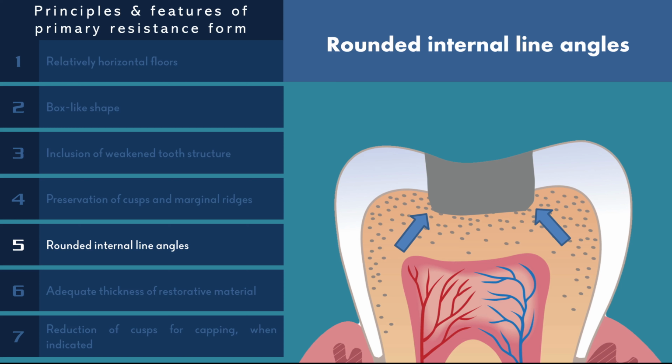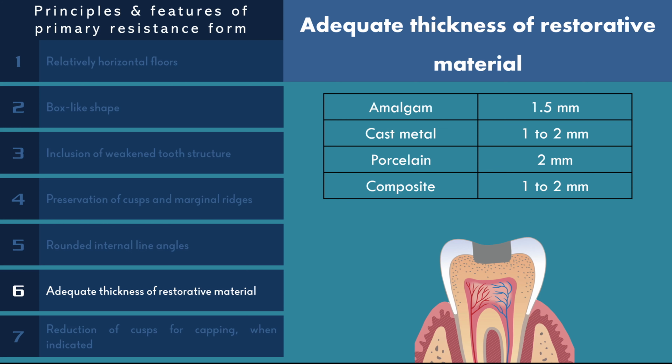In order to avoid that, the internal line angles of the tooth preparation should be rounded. But keep it in mind, for direct filling gold restorations, we will prepare the tooth with sharp internal line angles.